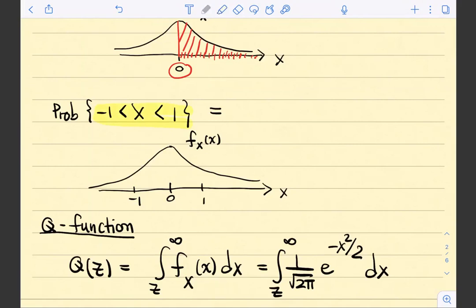Again, you look at this PDF and you look at the horizontal axis. So we want x between -1 and 1, so that means this segment of the graph. So we want to find this area. What is this equal to, Apithan?